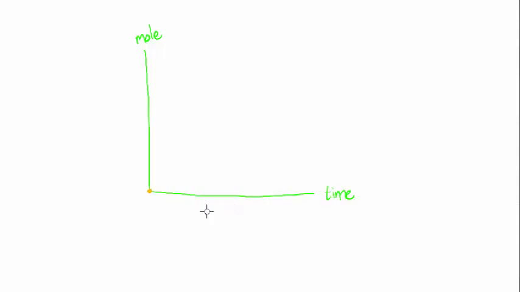Now, when I put my reactants together or my reaction starts, after a little while, I will measure how much product I have. And then after a little while, I will measure again how much I have, and then after a little while, I will measure again.